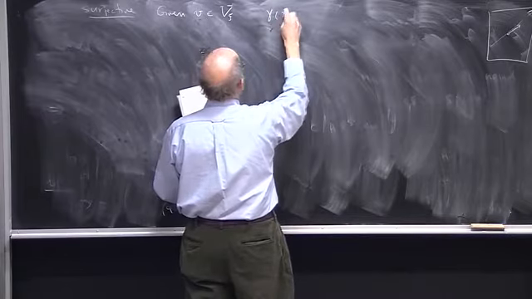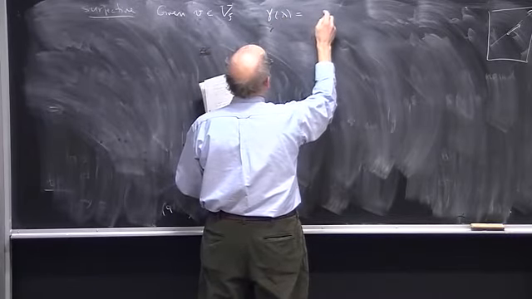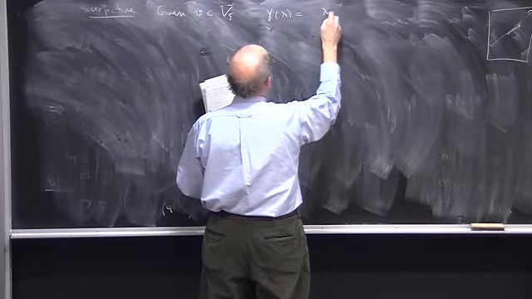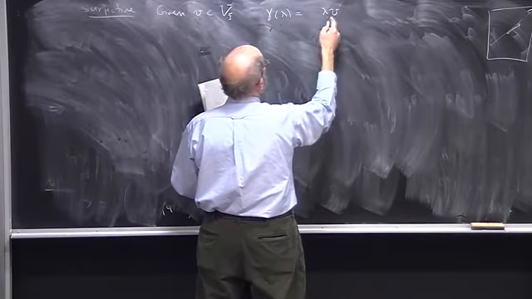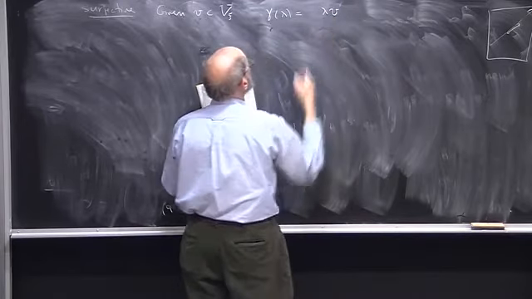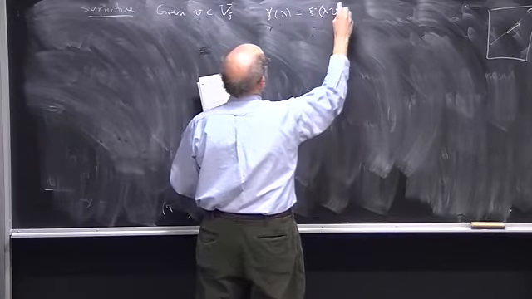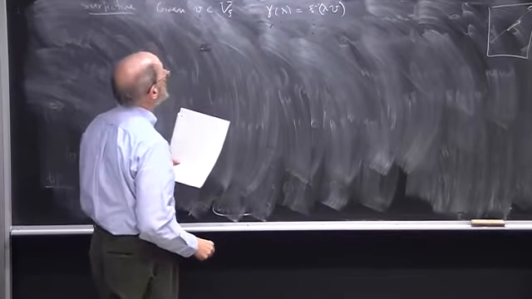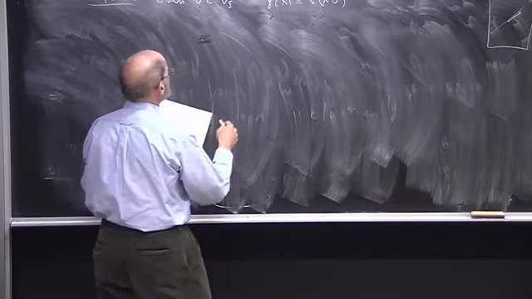It says that gamma of lambda is equal to: in the vector space, we should map lambda to lambda times v. So back in the manifold, we pull that back.